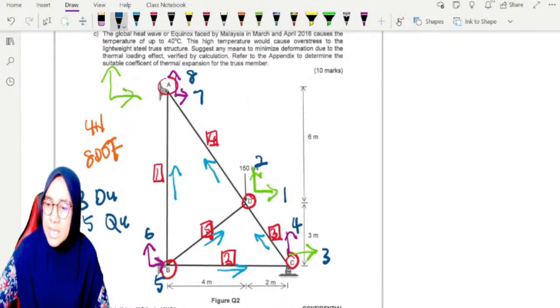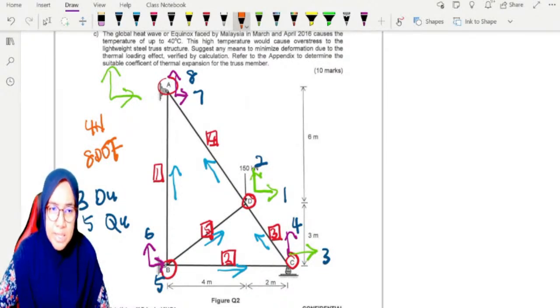Next, we need to consider the coordinates in this diagram, because coordinates are very important, as we need to calculate CS and CY. So we have to put coordinates.